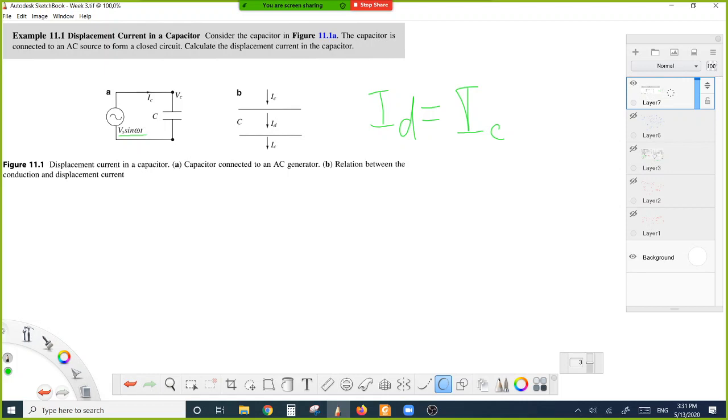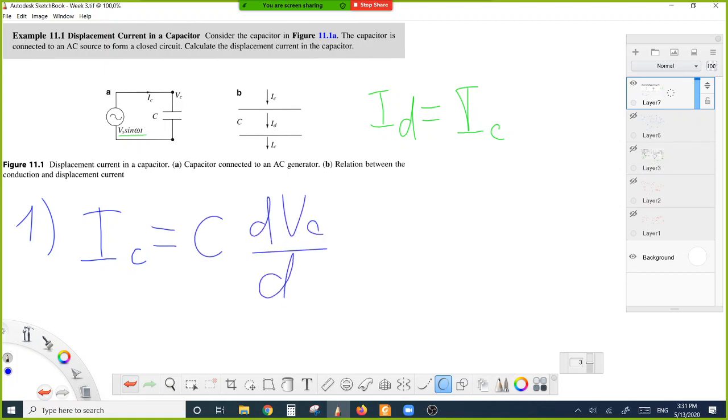That's why we can easily find IC, first method, by the equation C dVc over dt, where Vc is Vs sine omega t.